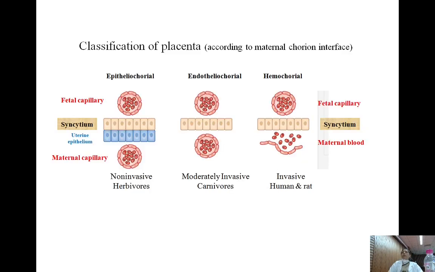Okay. Now, the placenta can be classified according to the maternal chorion interface. What is that? Now, in human beings, if you see, this is the fetal capillaries, that is the endothelium, and there will be the syncytium, that is the placental barrier here, and this is the intervillous space.